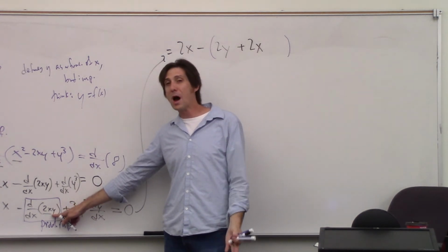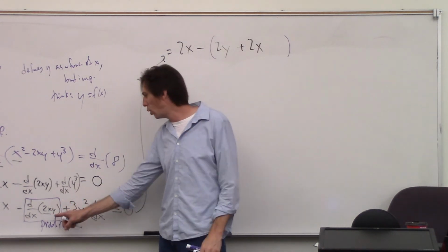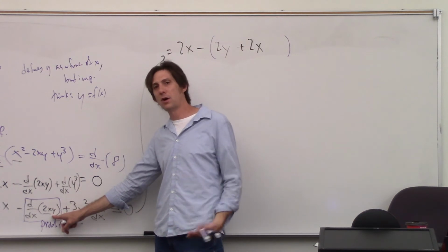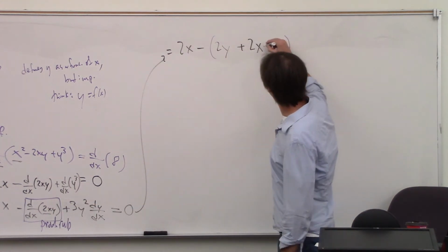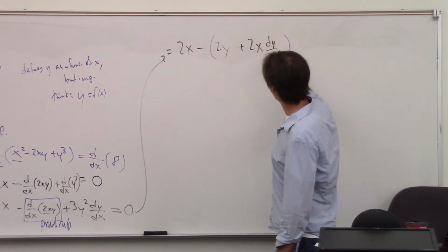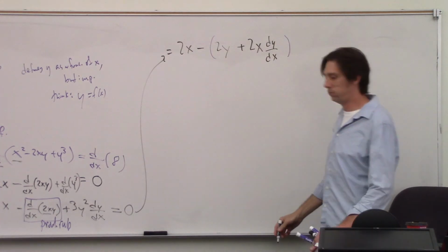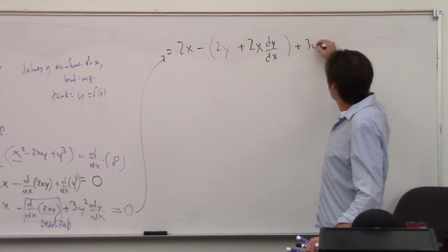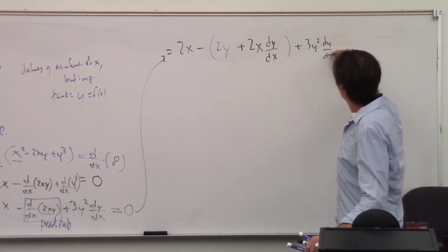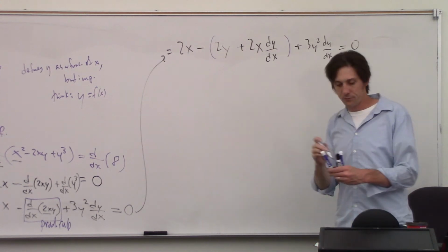The derivative of y, if we did it normally, would be 1, but because it's a y term that we're differentiating, we have to multiply by dy dx. So we get just dy dx there. What's left in the equation, I still have the plus 3y squared dy dx, and then equals 0.